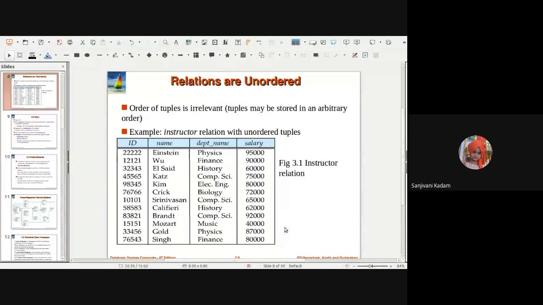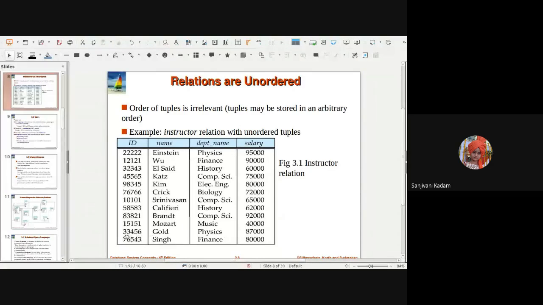We want to select only those instructors with salary greater than $85,000. First tuple qualified, second qualified, 75 no, 80 no, 72 no, this no, 92 qualified and 87 qualified. These are the tuples which satisfied the condition.